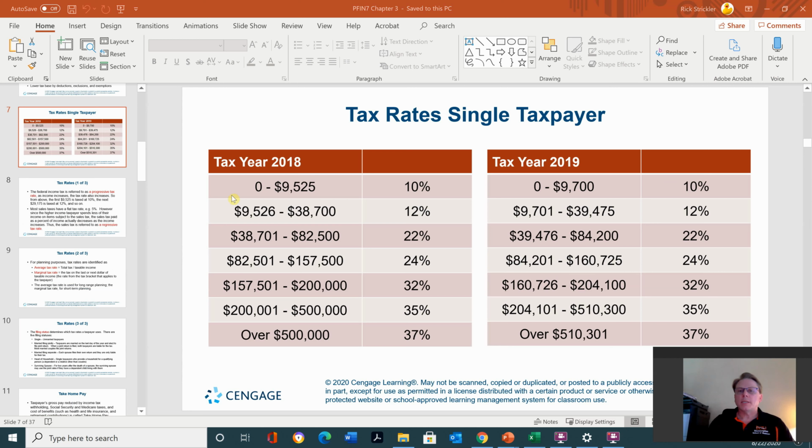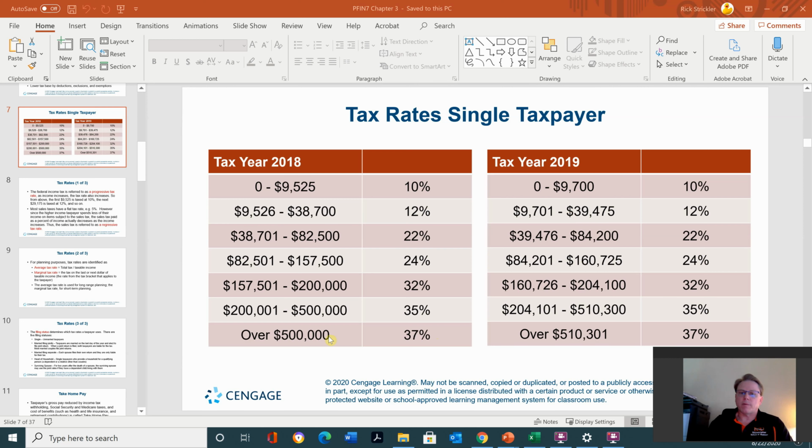Okay, tax rates, single taxpayer. So in 2018, if you made $9,525 or less, you were taxed at 10%. And in 2019, it was changed to $9,700 or less at 10%. So each year you can go down and see that the income was increased to get the same tax rate.